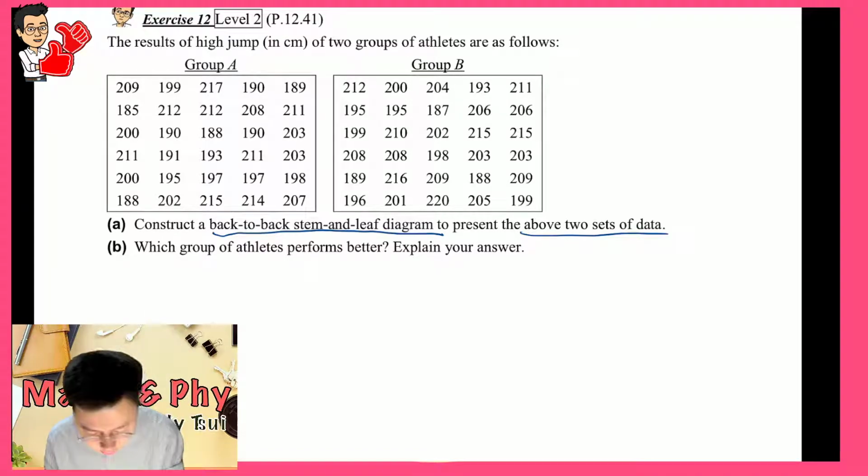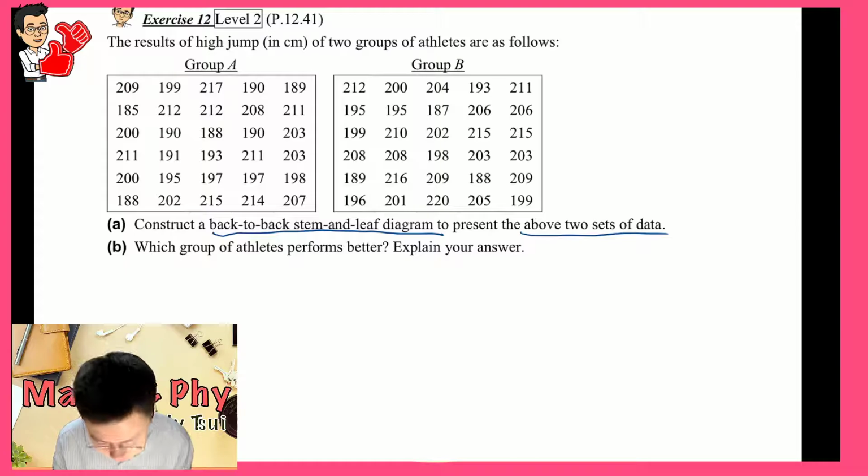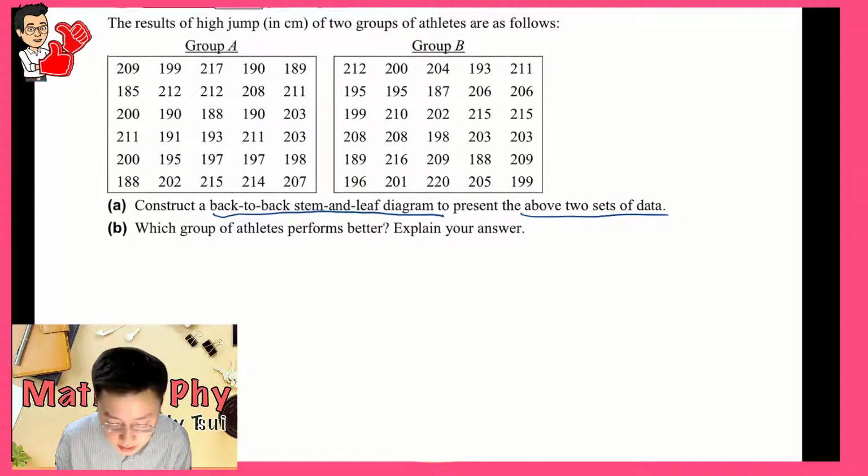A back-to-back stem and leaf diagram is a little bit complicated for this part, but I think you can also do it by yourself. For all stem and leaf diagrams, the first step is to write down the title.